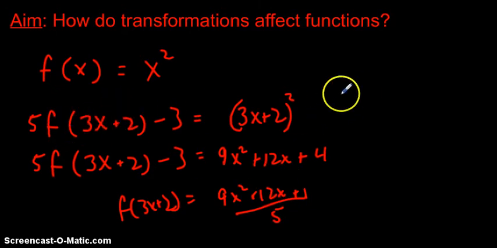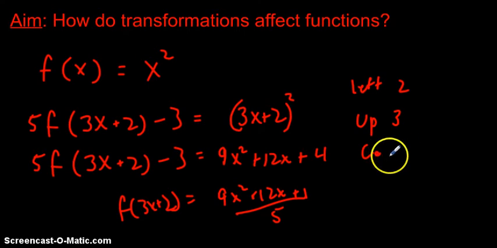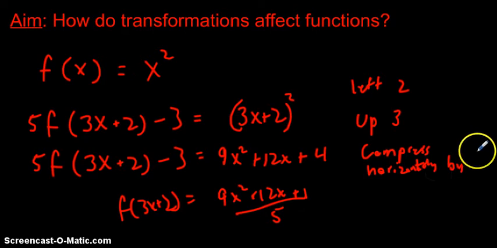Firstly, it would have shifted left 2 units, right, up 3 units, then it would compress horizontally or along the x-axis by a third.